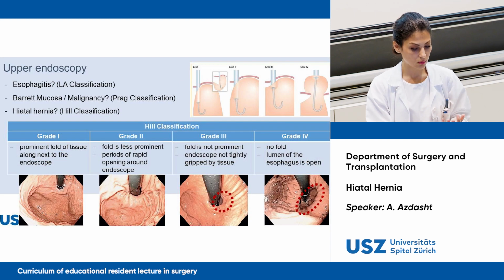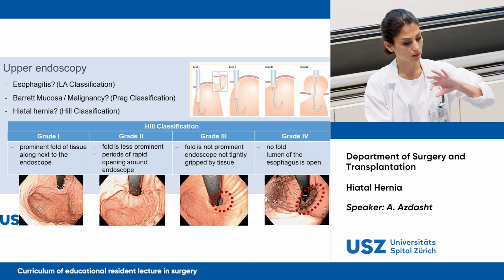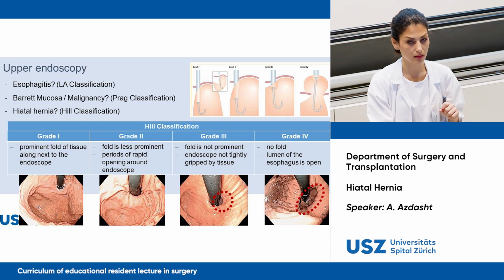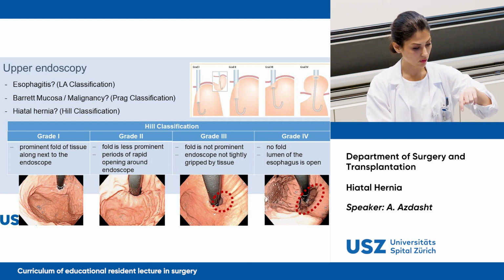And in order to see whether we have a higher prevalence of a hiatal hernia, we also do an endoscopy with an inversion of the endoscope. So we can take a look at the mucosal fold that is built by the gastroesophageal valve. Grade 1 and 2 are actually interpreted as physiological. So here you can see that around the endoscope, we have a prominent fold.